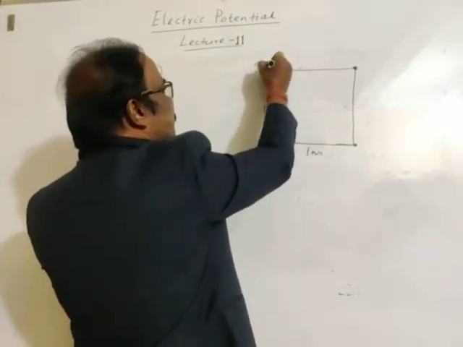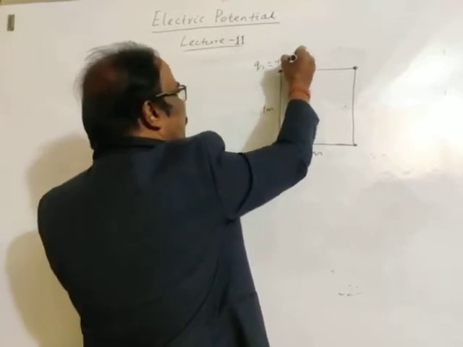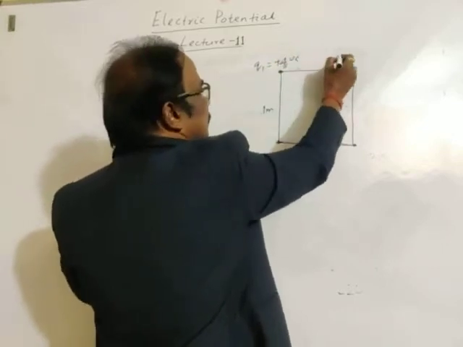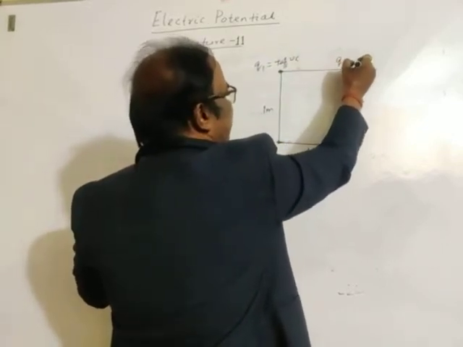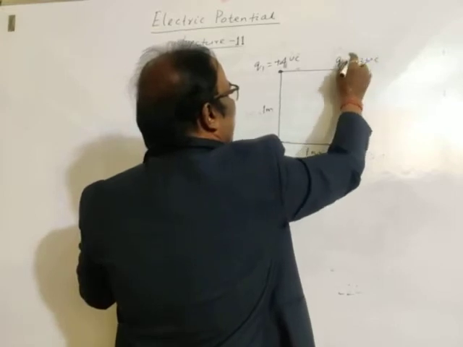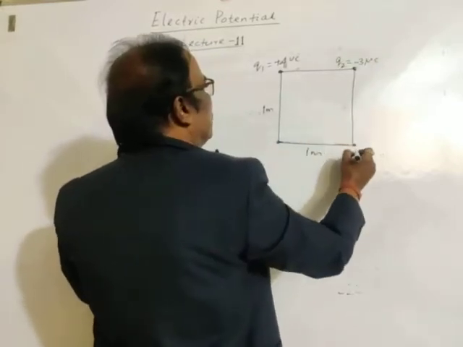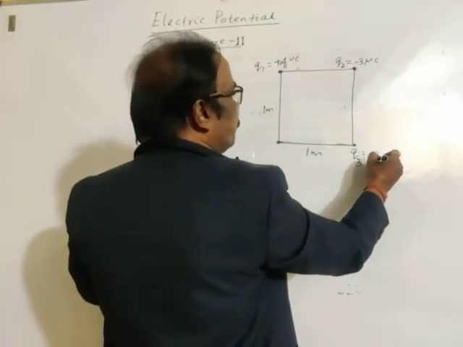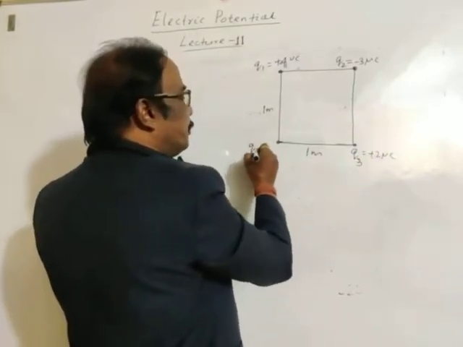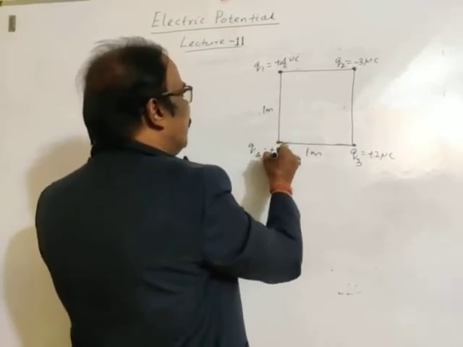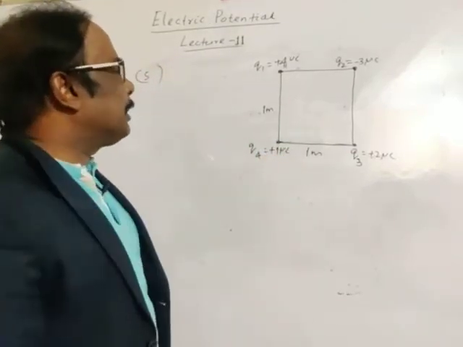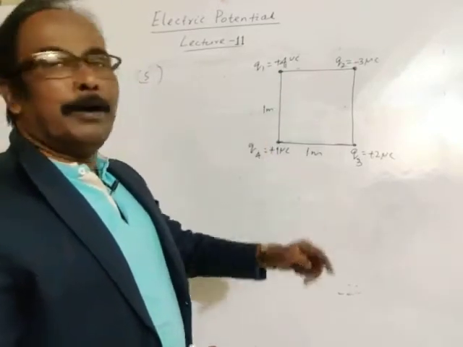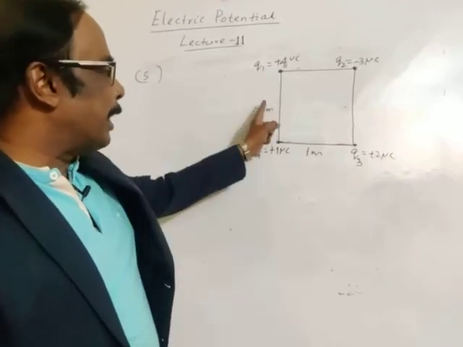Let this charge is Q1, plus 4 microcoulomb. This charge is Q2, let minus 3 microcoulomb. This charge is Q3, let plus 2 microcoulomb. This charge is Q4, let plus 1 microcoulomb.